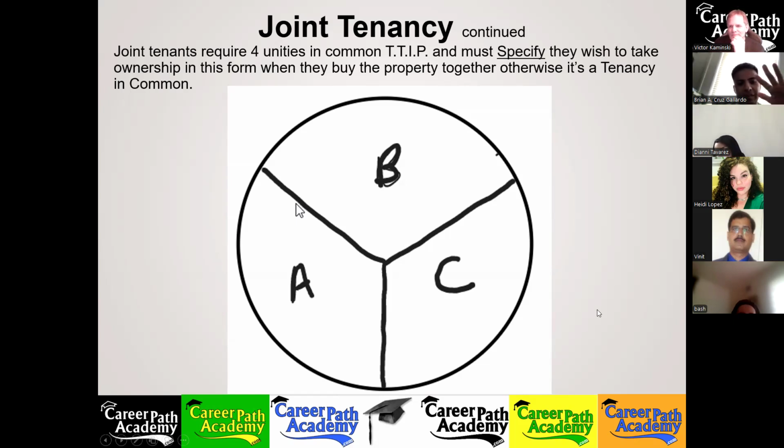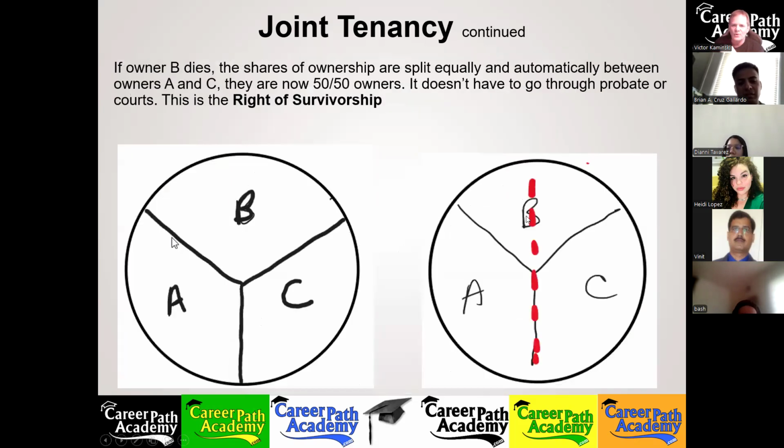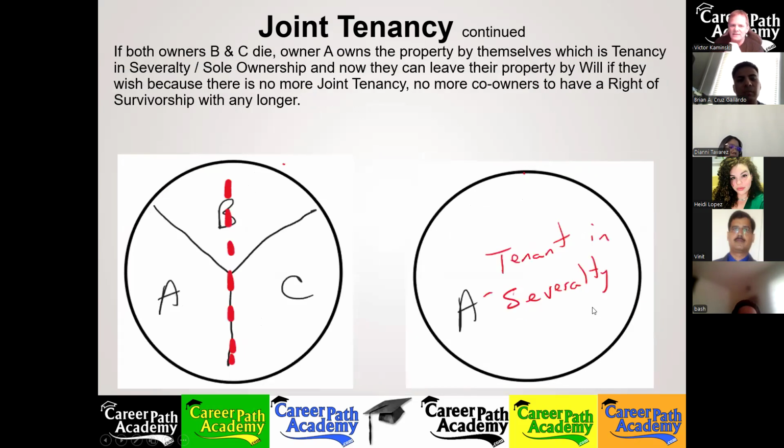So in this example, it is joint tenancy because we not only have the 4 unities, but we're also specifying that we wish to take ownership in this form. It is a joint tenancy. And then as one owner dies off, they split that ownership shares. And as that last owner dies, there's one owner remaining if there were 3 to begin with.